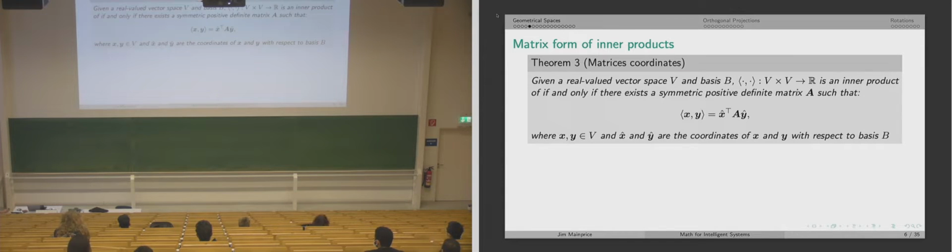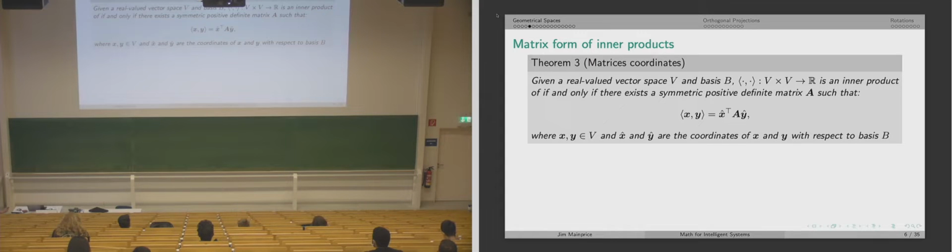Okay, well. So the general theorem is that a real valued vector space and a basis, and I think that's the key, is that we are going to reason in some basis, is an inner product if and only if there exists a symmetric positive definite matrix A, such that the coordinates x transpose times this matrix A times the coordinates of y is equal to the inner product.